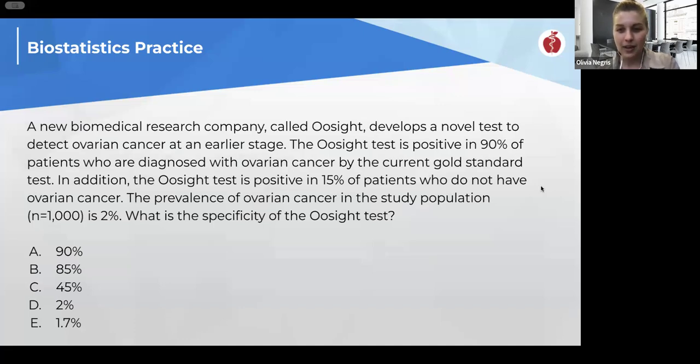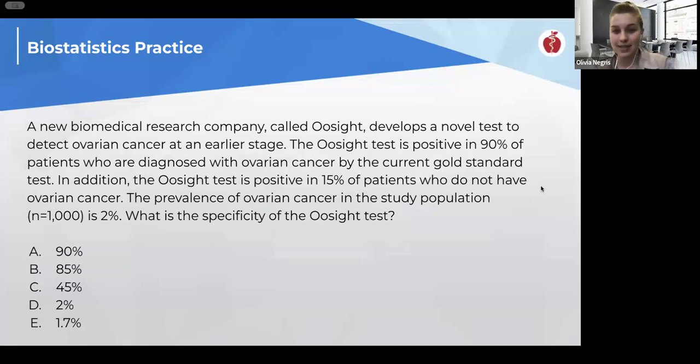So looking at how we break this down, our test is noted to be positive in 15% of patients who do not have ovarian cancer. There's a name for this value, and that's what we call the false positive rate. So it is positive in patients that do not have ovarian cancer.